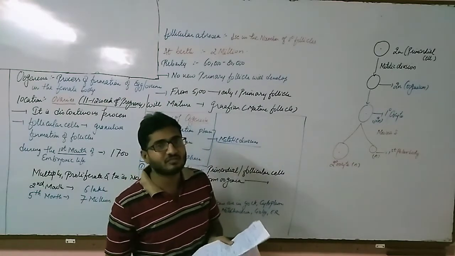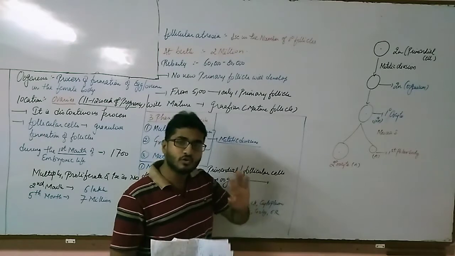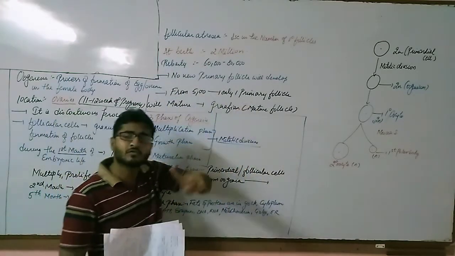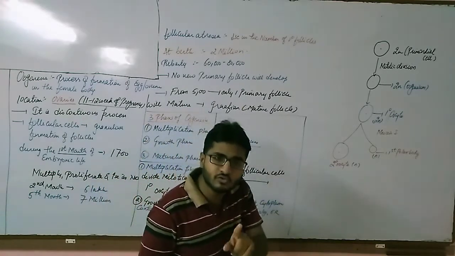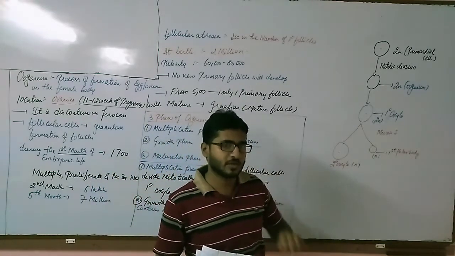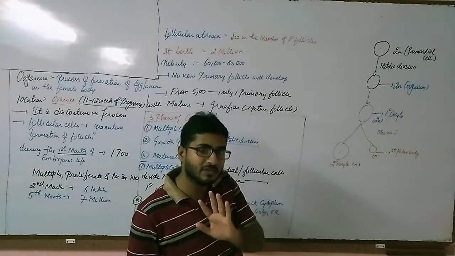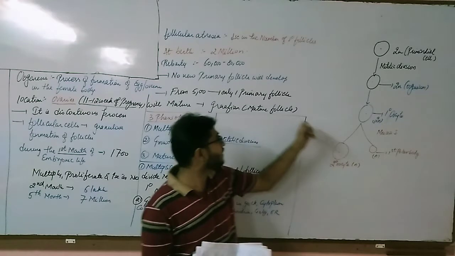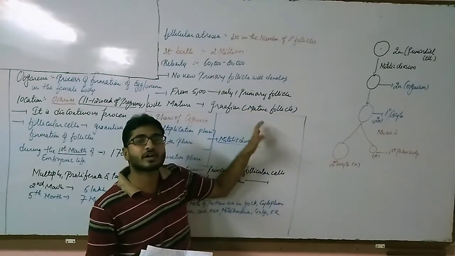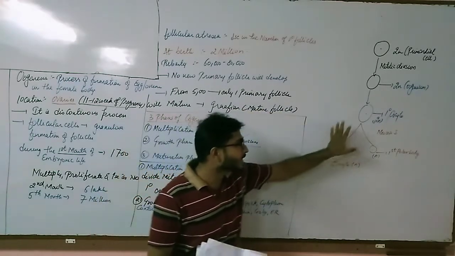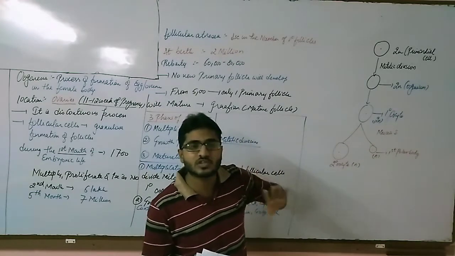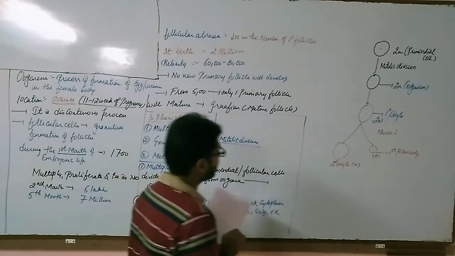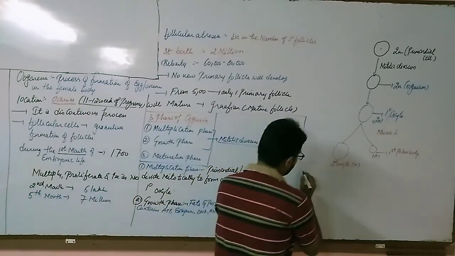Now why one smaller cell and one bigger cell? The reason is very simple. We know that from these follicles only one primary follicle is going to mature, to produce one mature Graafian follicle. That is what we know from the previous discussion. So only one oocyte is going to develop from one mature Graafian follicle. So that's why unequal cytoplasmic division of the primary oocyte takes place.